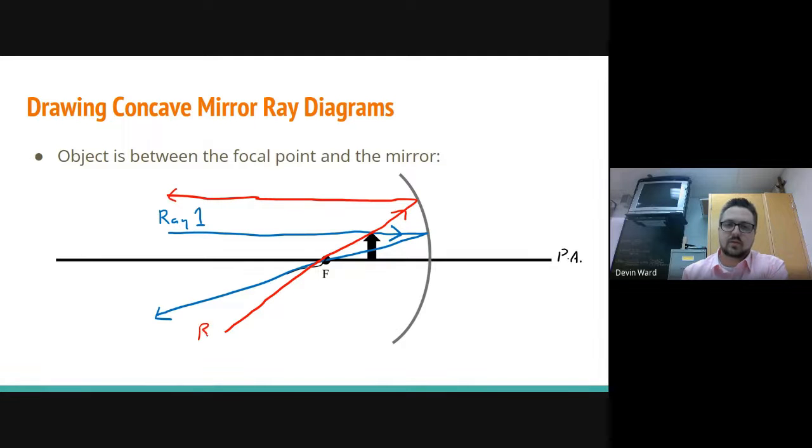Like that. So that is ray 2. I just want to make sure that I'm drawing this correctly.